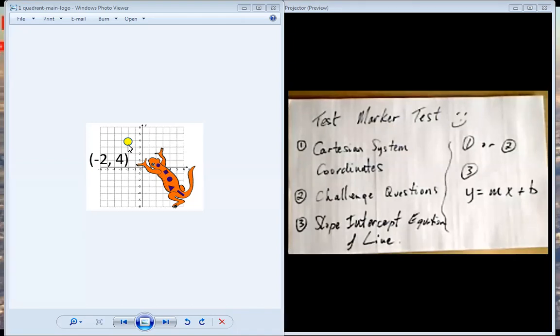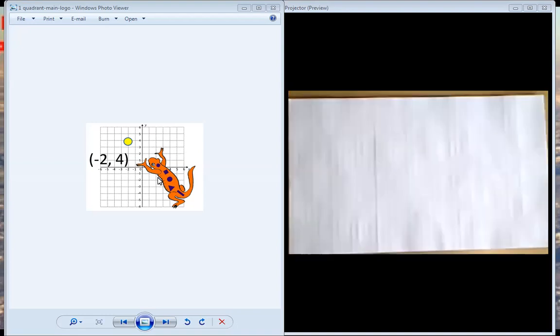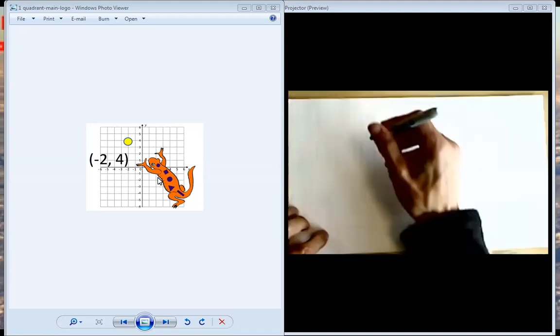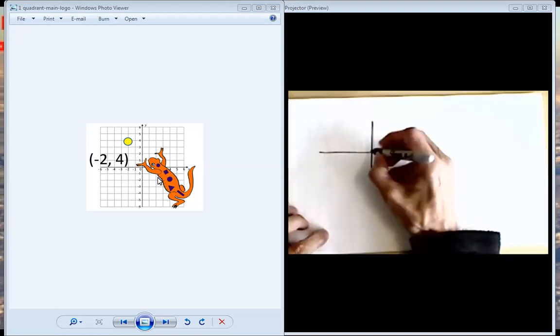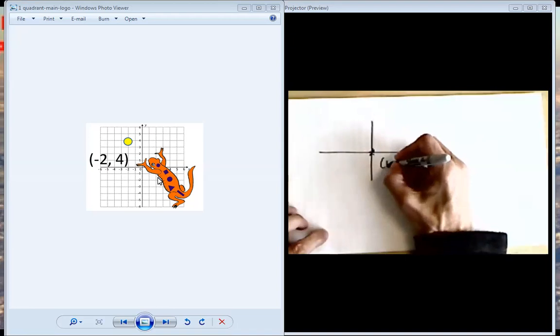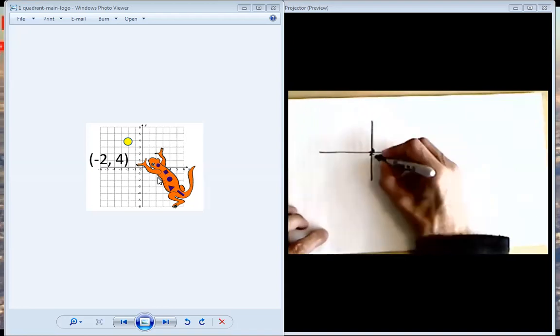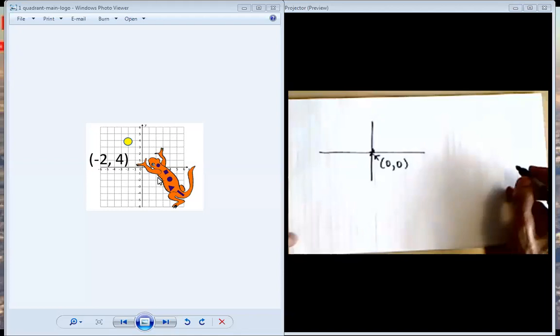So, Cartesian people, let's take a look at this. Here's on the screen a cute way to remember what to do. Okay. You see the salamander thing here? Okay. What you do, or what the salamander wants to do, is it wants to get from the middle there, where the coordinates are 0, 0.